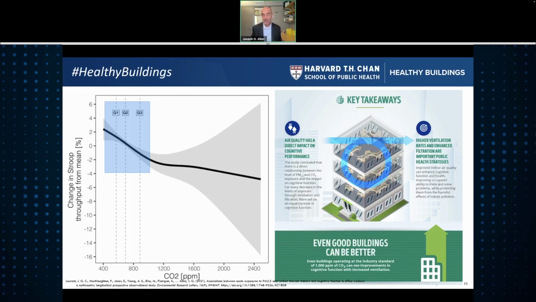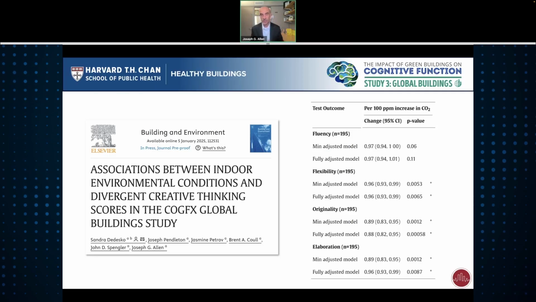A new study of ours in the Cog Effect series, which was just published maybe 2 weeks ago, extended this to think about not just tests of cognitive function like addition and subtraction, but also the other half of the brain, the half that's focused on creativity. Sure enough, we find similar impacts. In buildings with better ventilation, we see improved performance on tests of creativity, controlling for all of the factors.